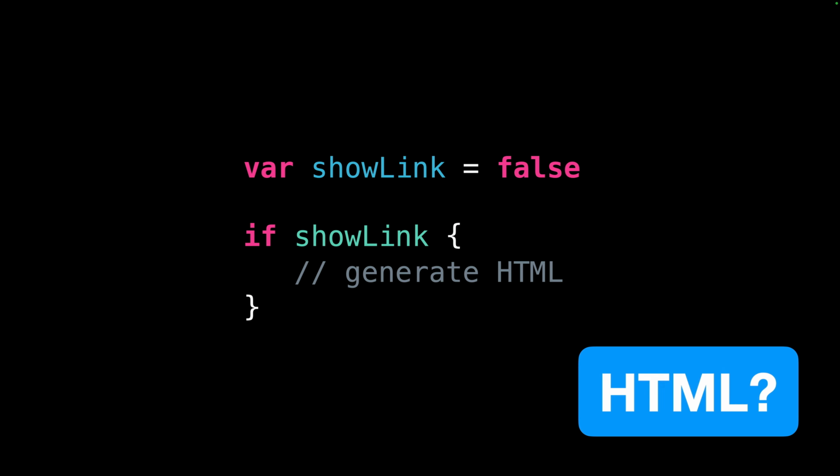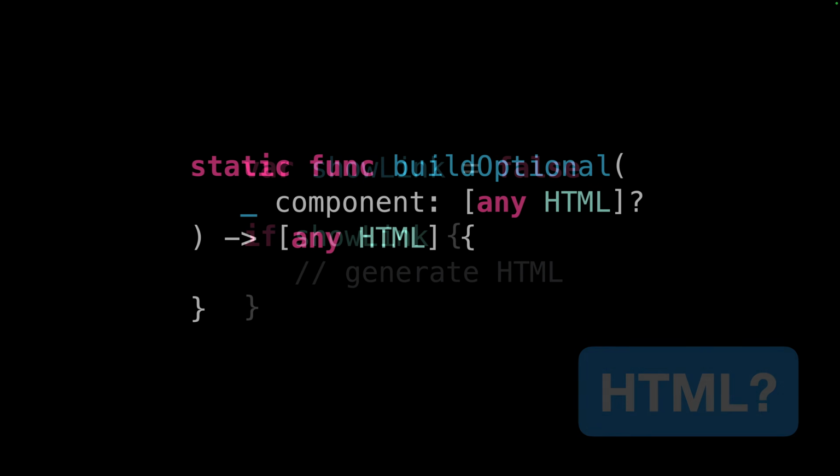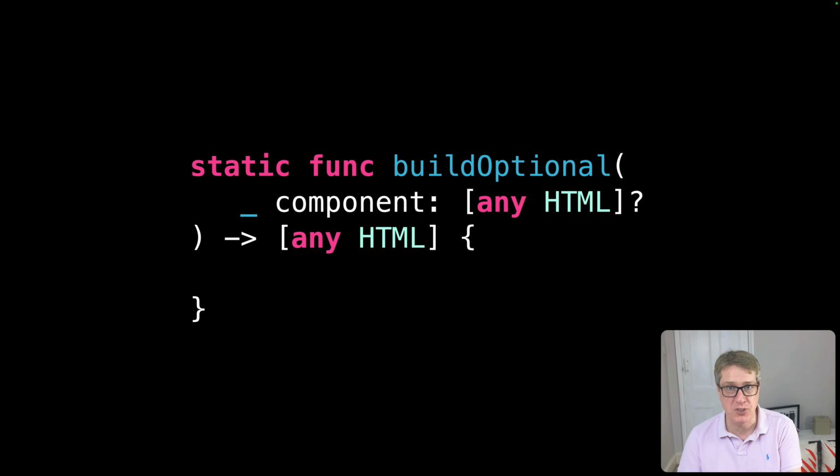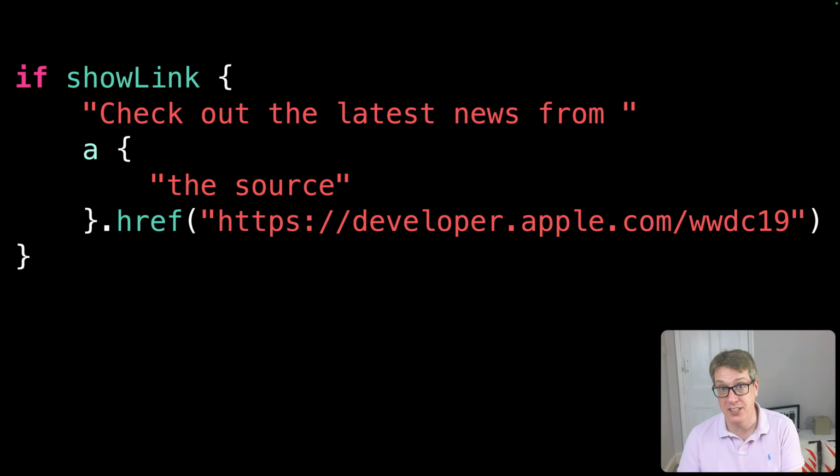Of course, in Swift, we represent the potential absence of data using optionals, and result builders do the same. So we can write a build optional method that will be given an optional array of HTML, and if the array exists, we'll send it back. But if it's missing, we'll send back an empty array. Of course, we don't want to render anything when there is nothing to render. And now our condition works.